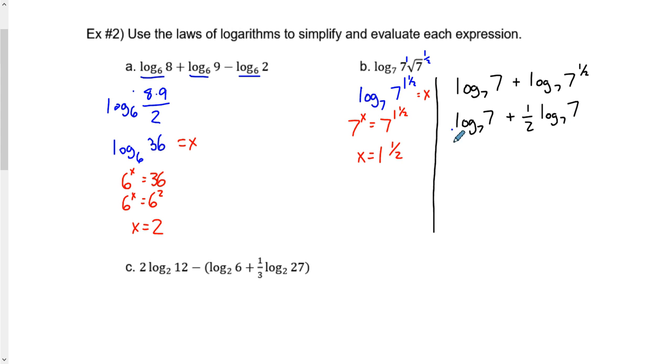Well, the good news is log base 7 of 7 are both right there. So what is log base 7 of 7? So 7 to the power of what gives you 7? 7 to the power of 1. So it means that this entire thing is 1. And we are adding 1/2 times 1, which means our answer is 1/2.